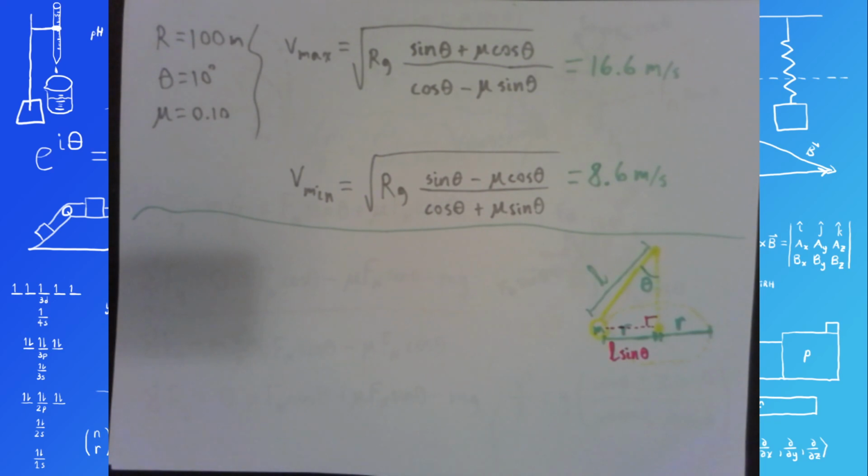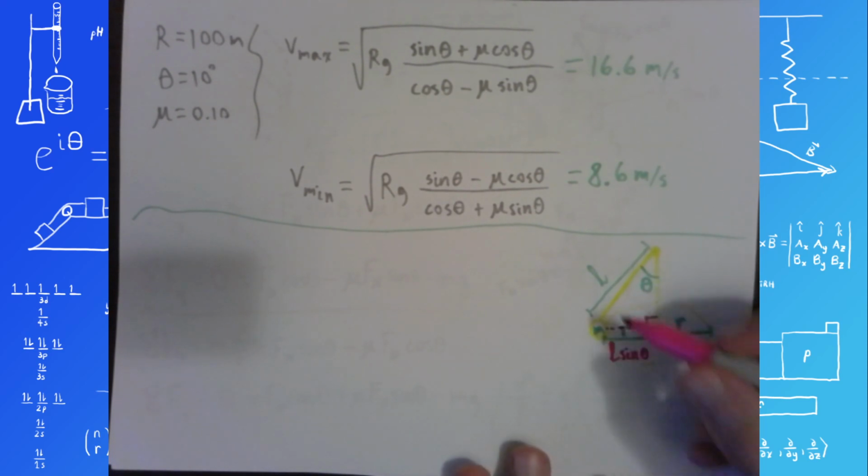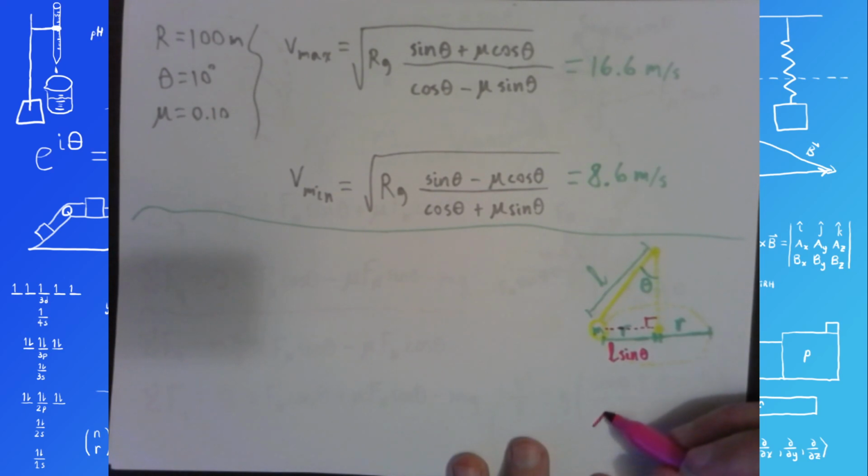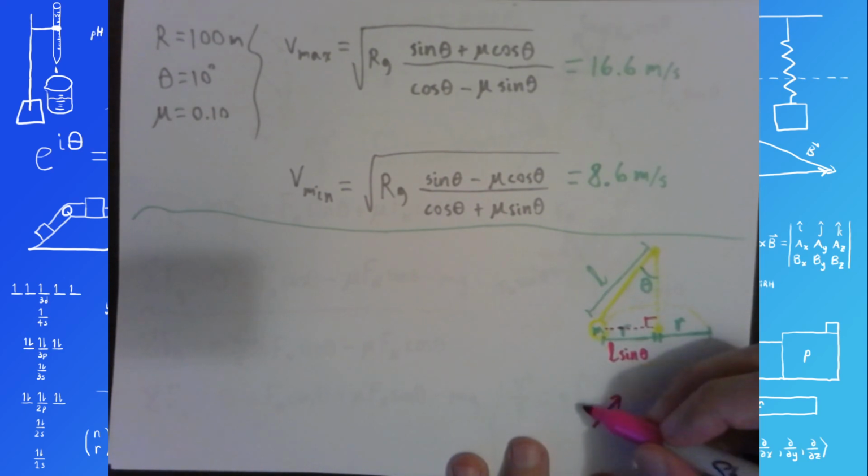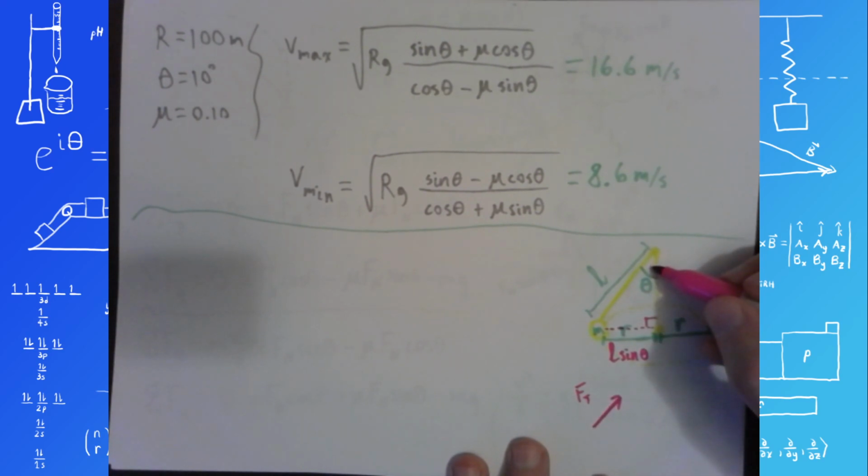Another thing I haven't shown on my diagram is the force of tension. I think I'm going to draw that separately. So the force of tension points along that direction.